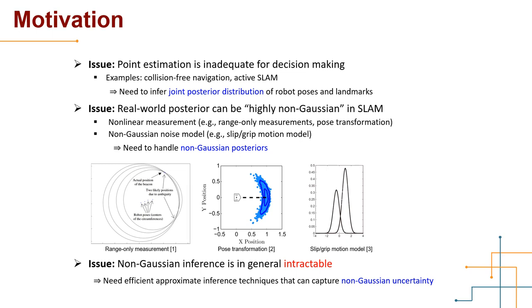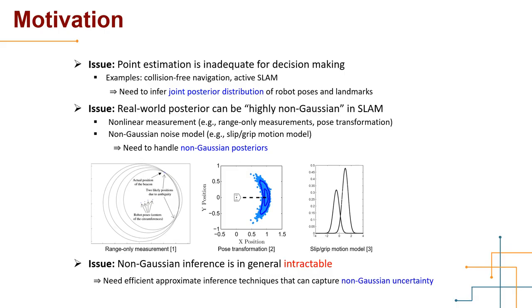The blue dots in the middle figure are robot positions after a noisy pose transformation. The banana-shaped distribution reflects non-Gaussian posterior. The right-hand side figure shows a Gaussian mixture for modeling slip and grip states in robot motion model. Therefore, considering all those real-world problems, we need to handle non-Gaussian posteriors.